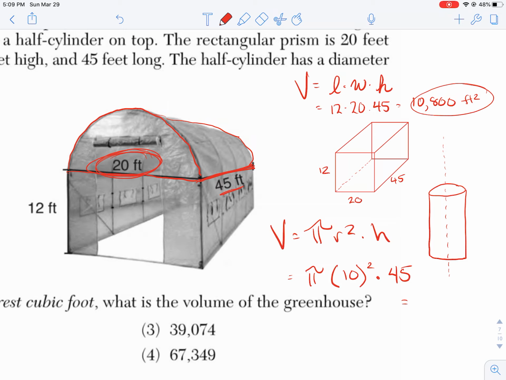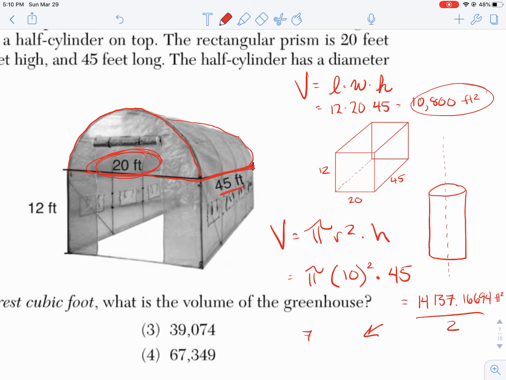And when you work all that out, you should get this number right here: 14,137.16694 feet cubed. And then we're going to take that number and divide it by 2.